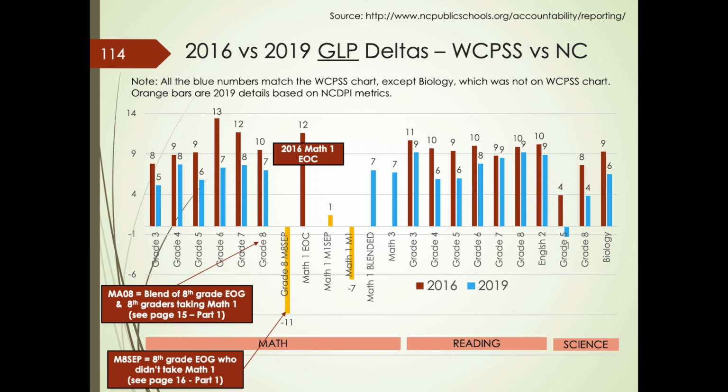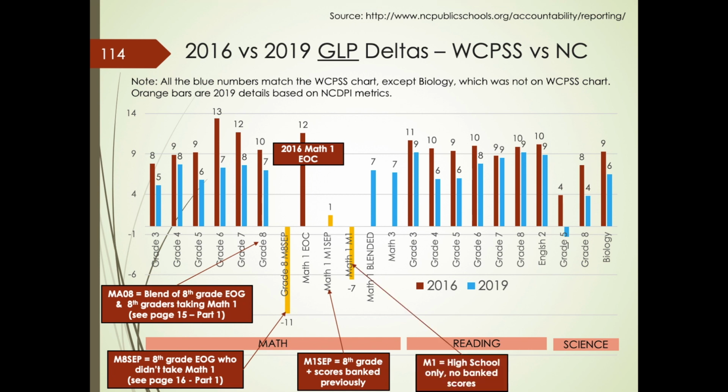Then the 2016 Math 1 number is just directly from the EOC numbers. We were 12 points ahead there. And then for Math 1 M1 SEP in 2019, that's 8th grade students plus the scores banked previously. We're 1 point ahead there. And then we have the M1 score of being 7 points below the state for the high school Math 1 EOC test takers.